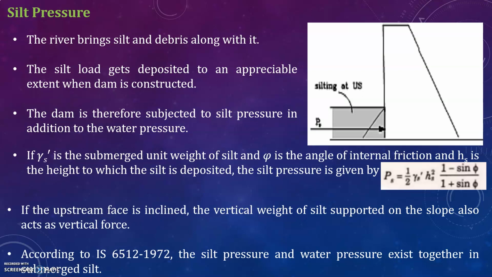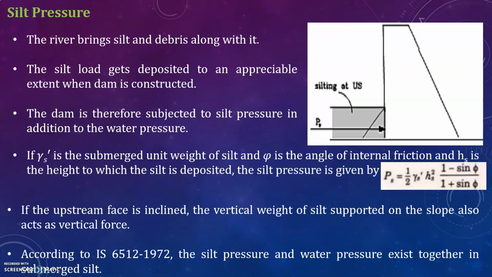Horizontal silt and water pressure is assumed to be equivalent to that of a fluid weighing 1360 kg per meter cube or 13.34 kilonewton per meter cube, and vertical silt and water pressure is determined as if silt and water together have a density of 1925 kg per meter cube or 18.88 kilonewton per meter cube.